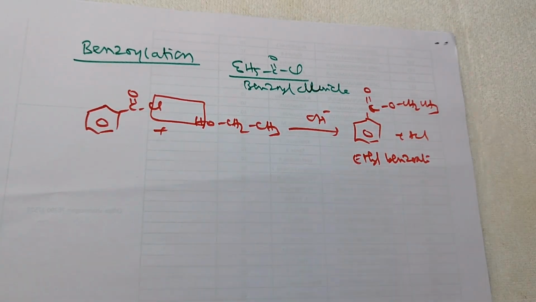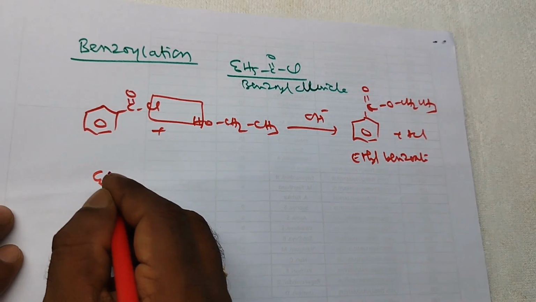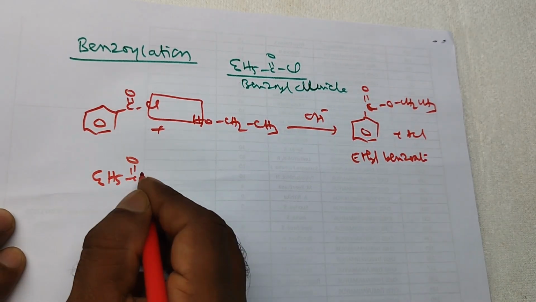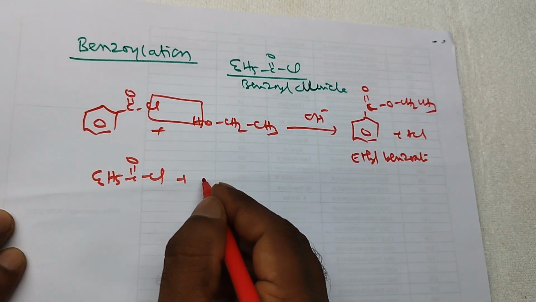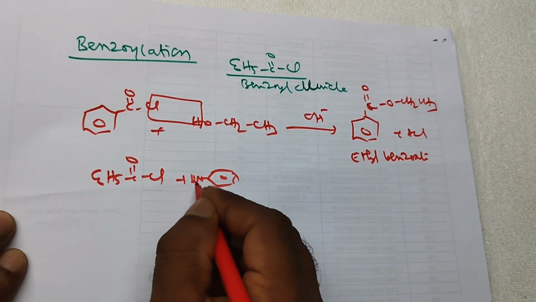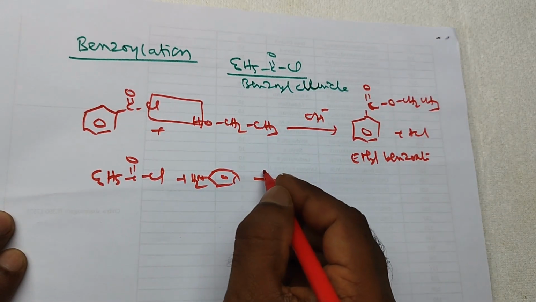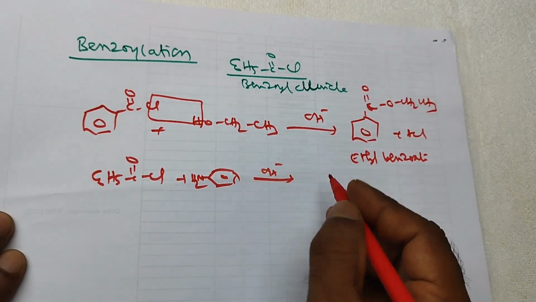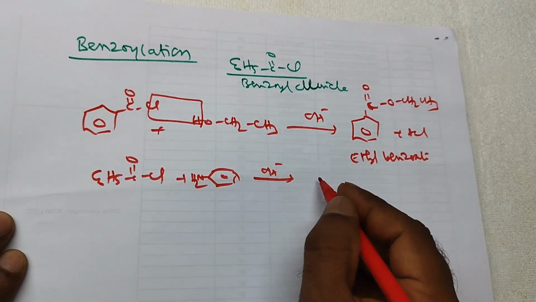Plus HCl. Suppose we are reacting with aniline, you can think about C6H5COCl plus aniline, C6H5NH2, in the presence of a base, just to remove the HCl.